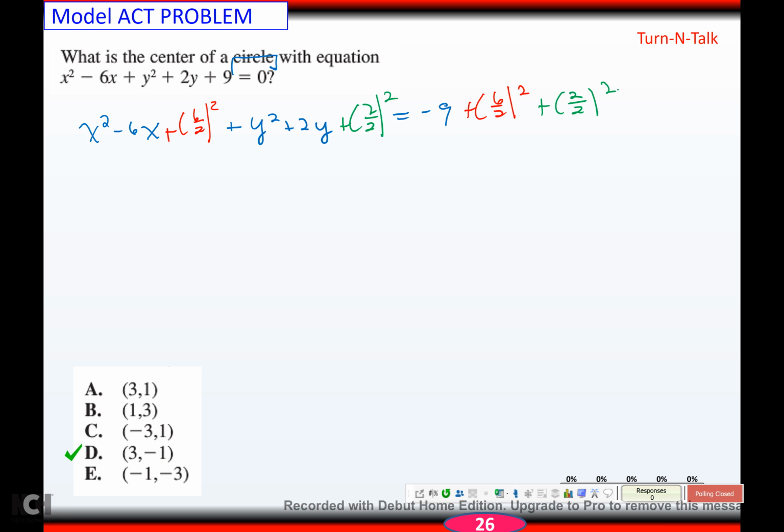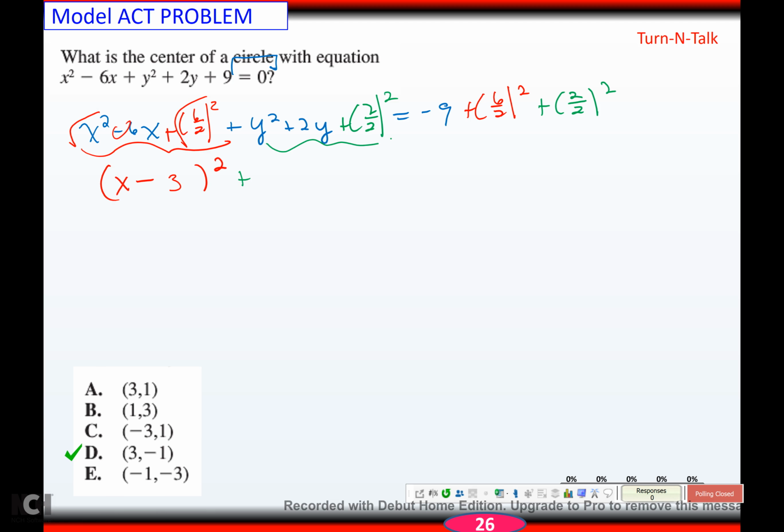Okay, so then I have, sorry, I was thinking. So this is a perfect square. Square root of x squared is x. Sign in the middle is minus. Square root of 3 squared is 3.